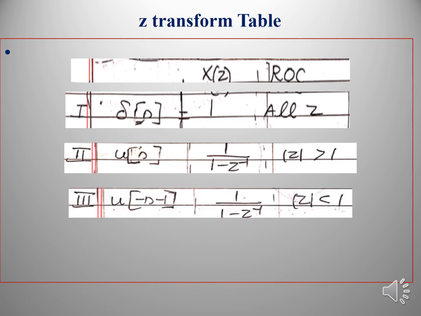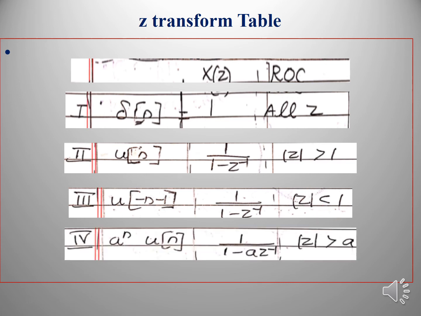This is actually a right-sided sequence which lies from n equal to 0 to infinity, that is on the positive side of n. Similarly, for a left-sided sequence which is given by a delayed unit step, u of minus n minus 1, we would see the Z transform is identical to u of n, but the region of convergence changes. It is modulus of z less than 1.